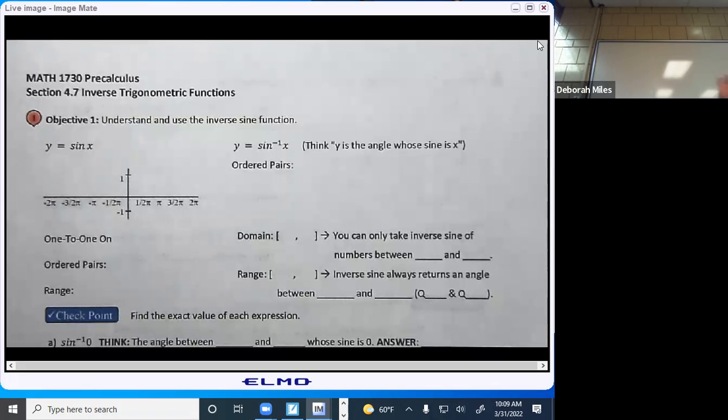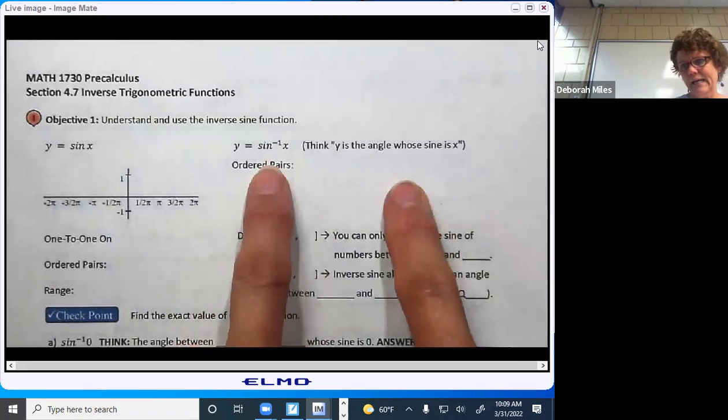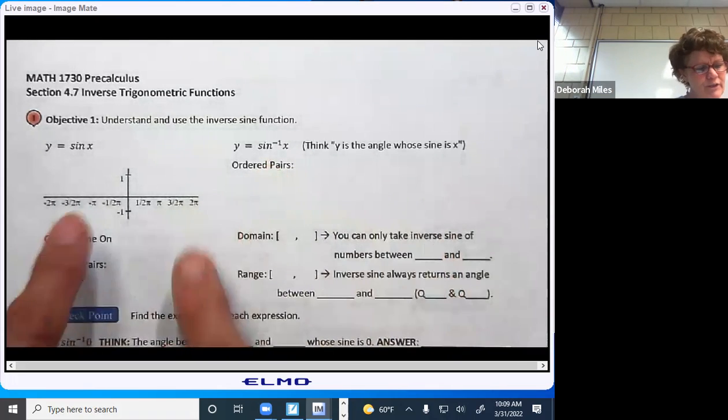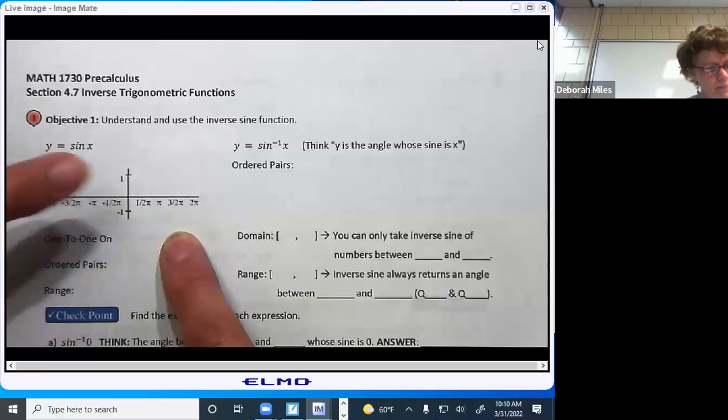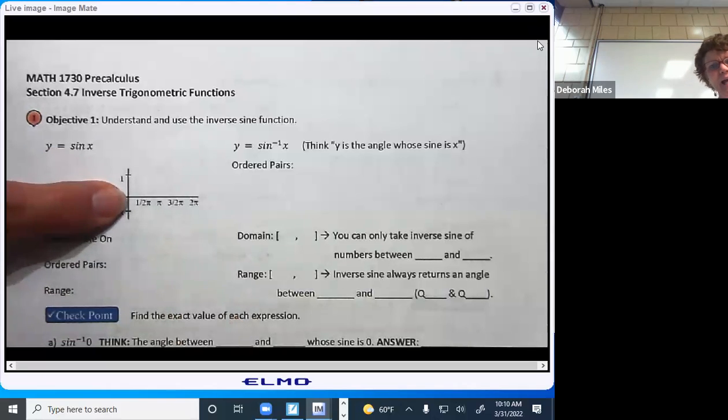All right, that gives you an idea of where we're headed. But to figure out what we know about inverse sine, let's first graph the one real quick, one period of sine x. Don't worry about this negative part, just graph sine x from 0 to 2 pi. It should take you less than 5 seconds. Go.